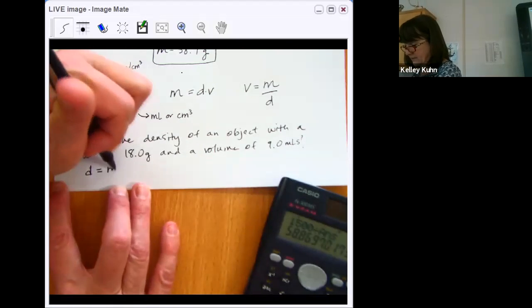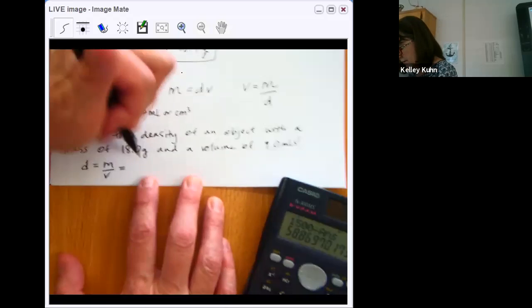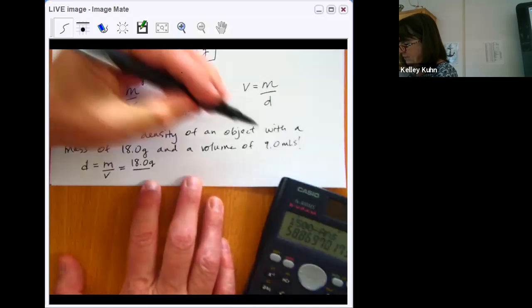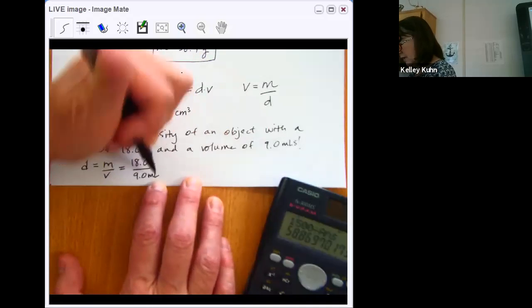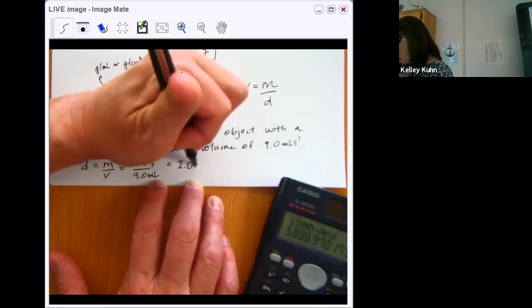Density is mass over volume. And of course, my mass in this scenario is my grams, so 18 grams. And my volume was 9 mils. So that when I do the math, I figure out that my density is 2 grams per mil.